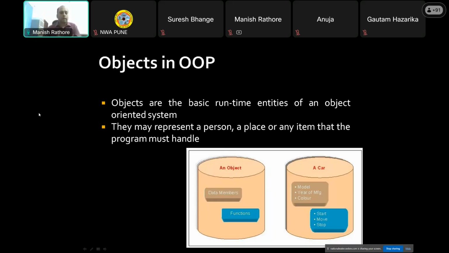Okay, and you can have a make, but some features will always remain common. So these kind of objects are instances of the class. Objects are not class. Objects are the instance. Okay, there is a difference.